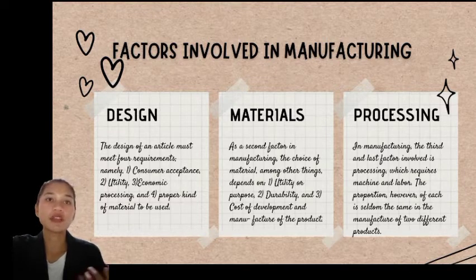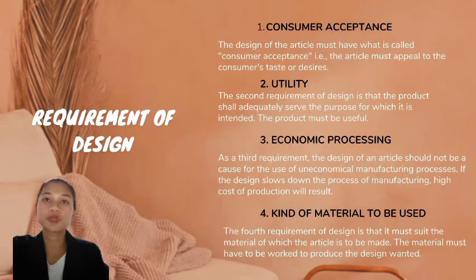The choice of material depends on utility or purpose, durability, and the cost of development and manufacturing of the product. And the last is the process. In manufacturing, the third and last factor involved is processing, which requires machine and labor. The proportion of each is seldom the same in the manufacture of two different products.